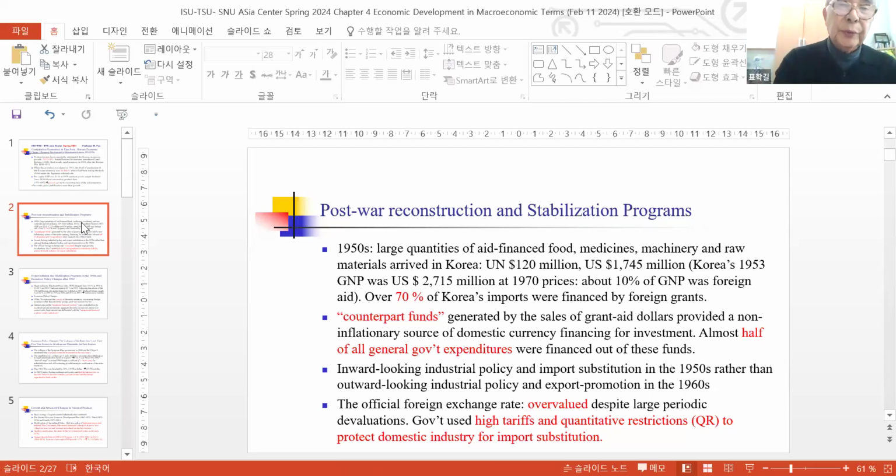When converted to Korean won from dollars, Korean monetary volume will be greatly increased, right? Doubled, maybe tripled. Then what is inflation?